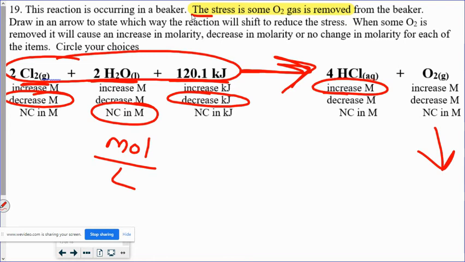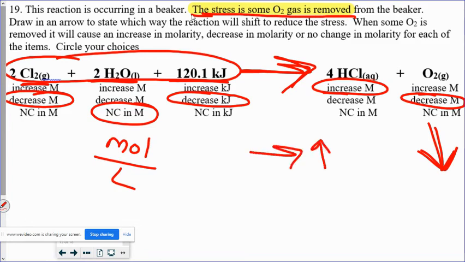Now, the O2, the stress is O2 is removed. So the O2 concentration is going to go down. So again, things at the tip of the arrow tend to go up, but here's my exception. It does not. Things at the butt of the arrow tend to go down. And that is true all except for this one.